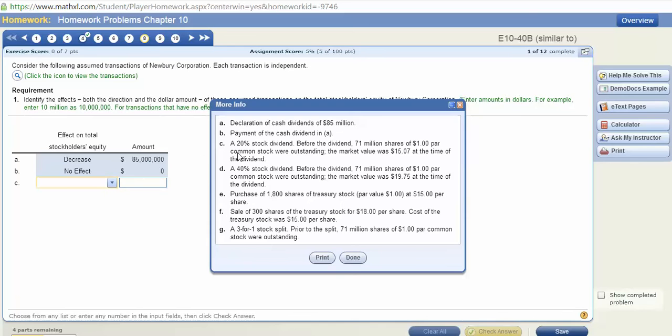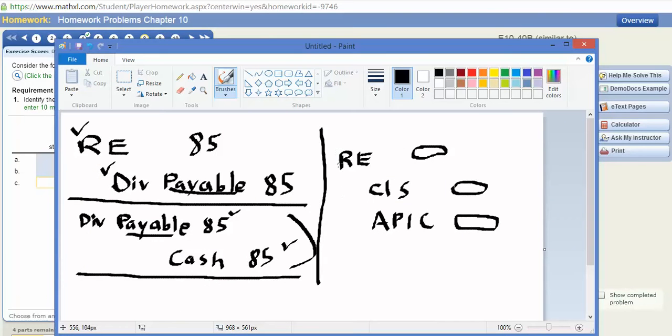A stock dividend involves debiting retained earnings and crediting common stock instead of cash, so it involves a lowering of retained earnings and an increase of common stock outstanding and additional paid-in capital, assuming there's a difference. Again, common stock is always par value times the number of shares issued. You decrease retained earnings, you increase common stock and additional paid-in capital.